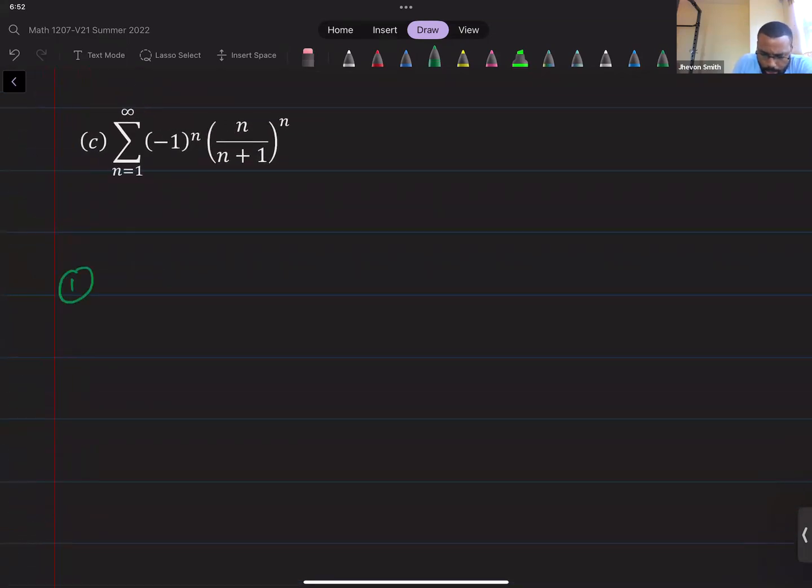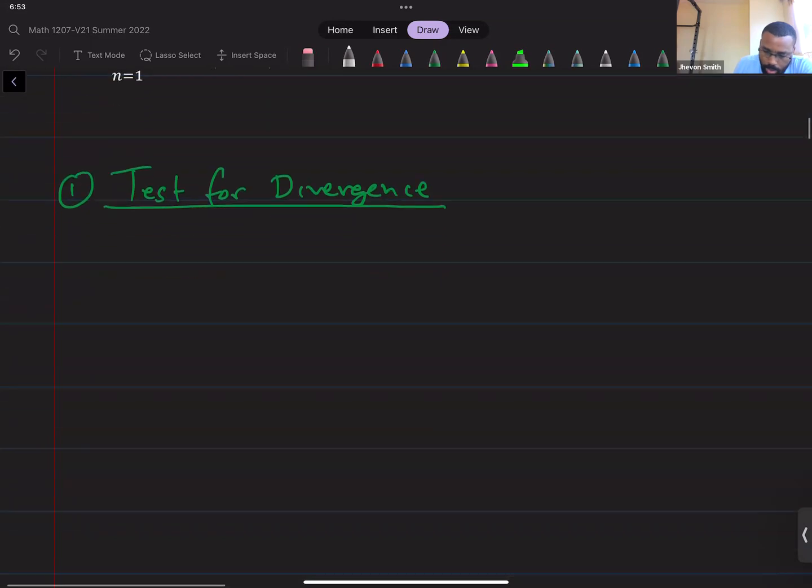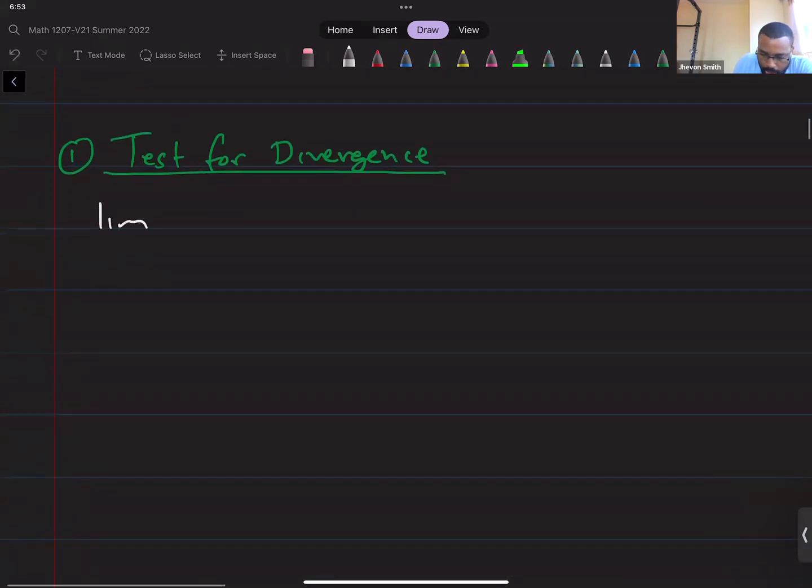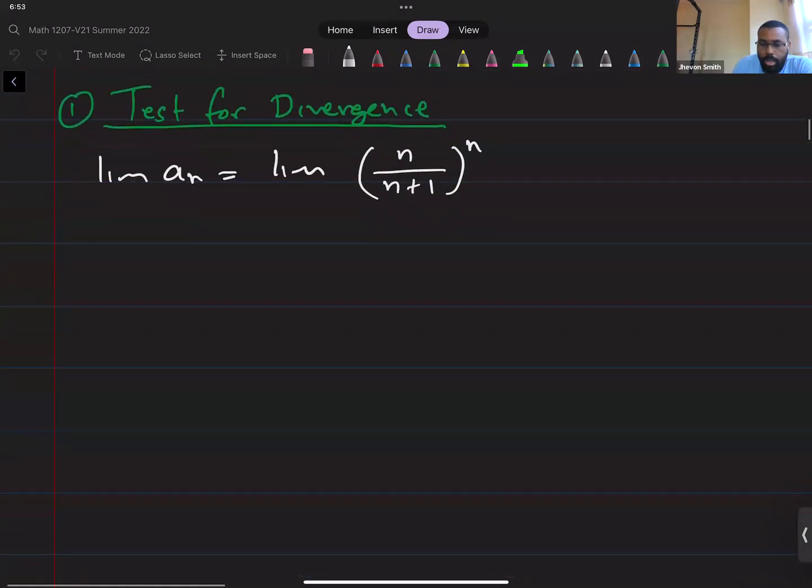So one is, again, we're going to do the test for divergence. So we're going to look at the limit of a_n, which in this case is the limit of n over n plus 1 to the n. Now, this is something that shows up, I don't want to say super often, but relatively often.